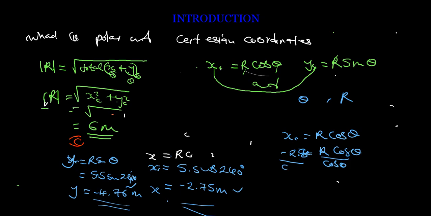So I will divide by cos theta, then I'll have R is equal to negative 2.7 over cos theta, right? So that is it. Now for y, I'll say y is equal to R sin theta, like that.